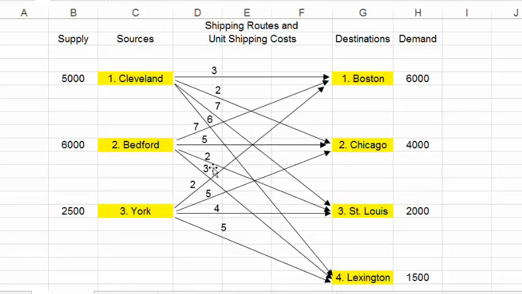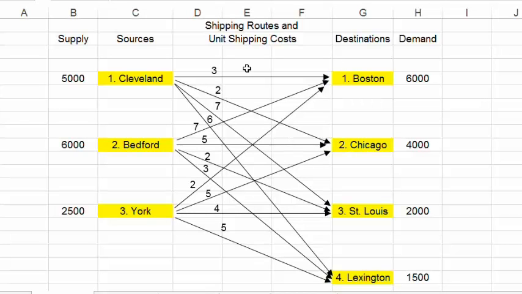So the costs are different based on the route. Whether you go from Cleveland to Boston or Bedford to Boston, the costs are going to be different. If I ship one unit from Cleveland to Boston, it costs $3. If I ship two units, it'll cost 3 times 2, $6, and so forth.